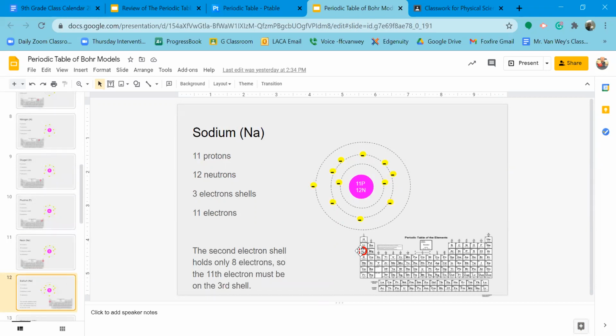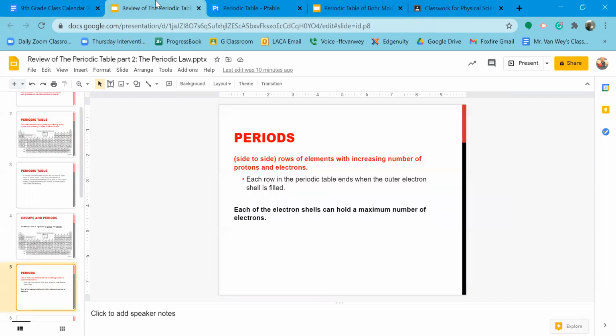Now we're in the 3rd row of the periodic table. We're in the 3rd period. That's why it's called the periodic table. It's a table that's arranged by how many electron shells the atoms have. So periods are the rows.